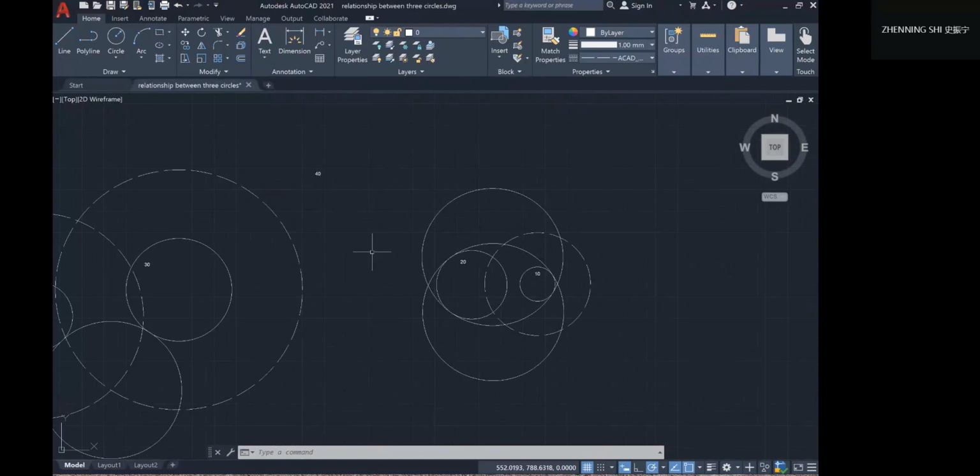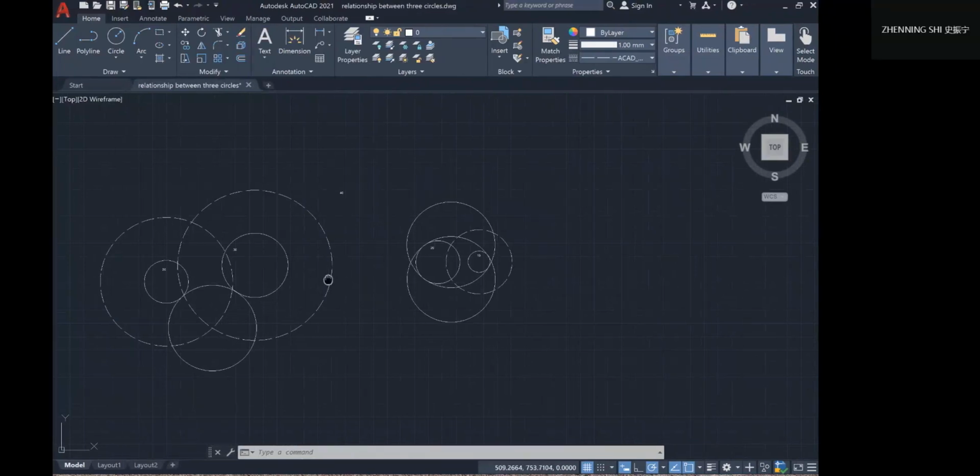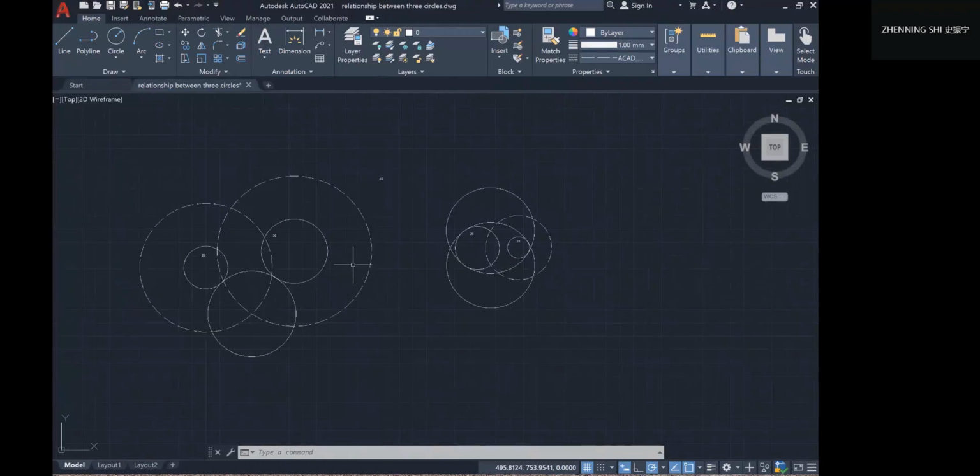Okay, now I think that all of you can understand. Okay, so the next part, we are going to learn how to draw the hook.